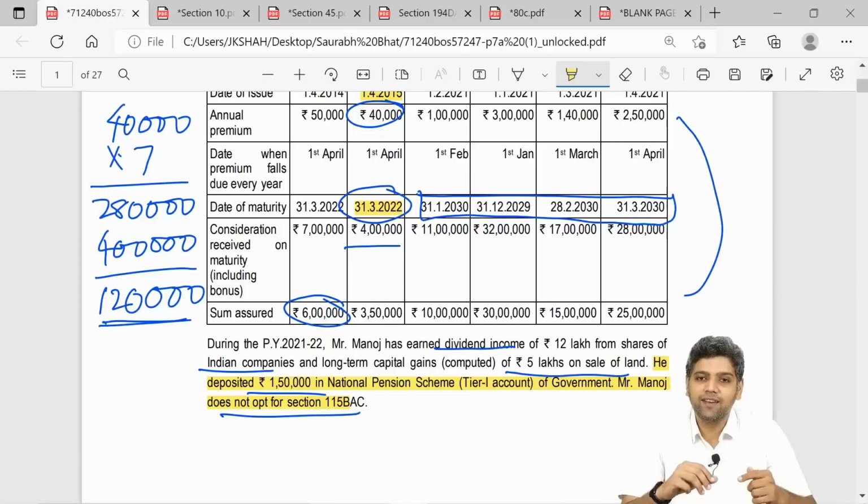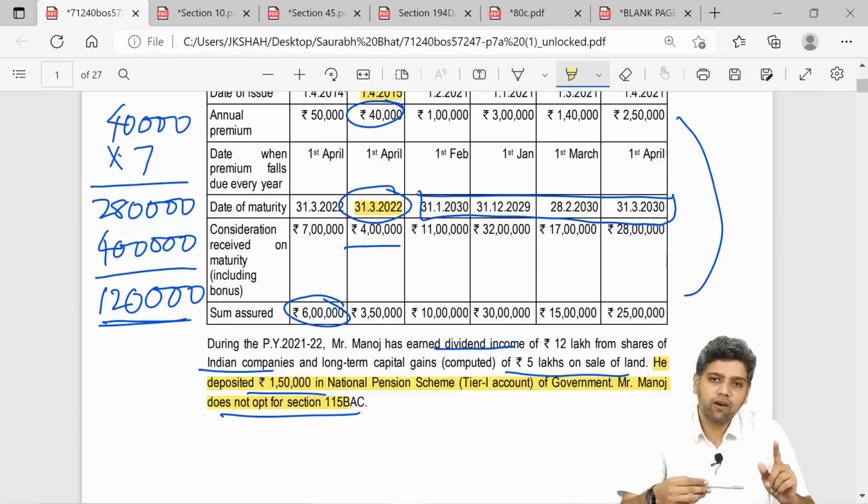As a result, for those people who joined government service after 2004, government introduced National Pension Scheme. Later on, they extended that to all assessees, not just government employees, but even private sector employees or those who are self-employed.